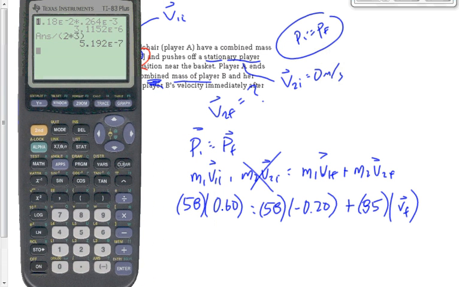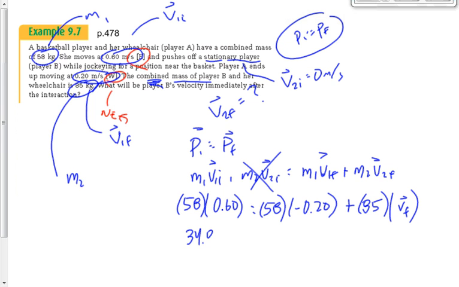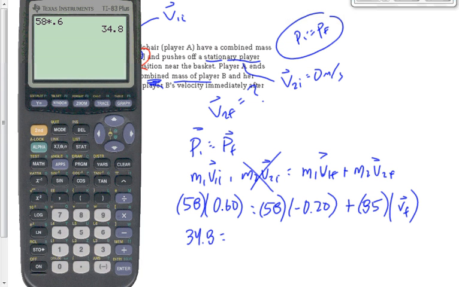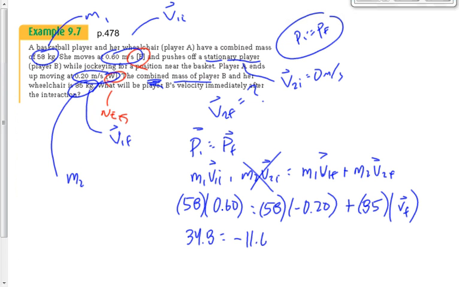58 times 0.6, 34.8. I got 58 times negative 0.2, negative 11.6. 0.6 goes over to the other side by adding.